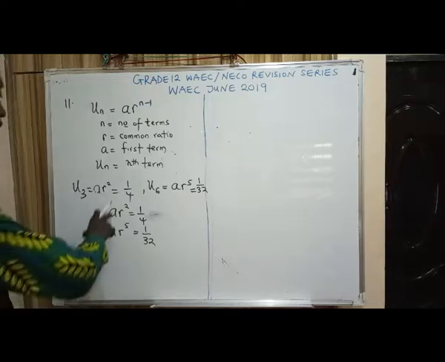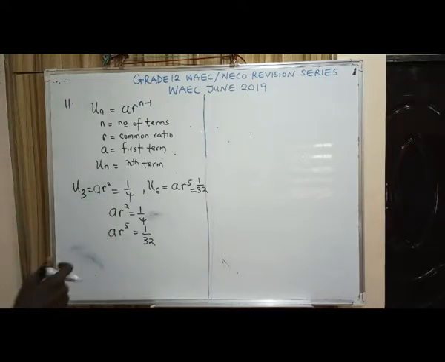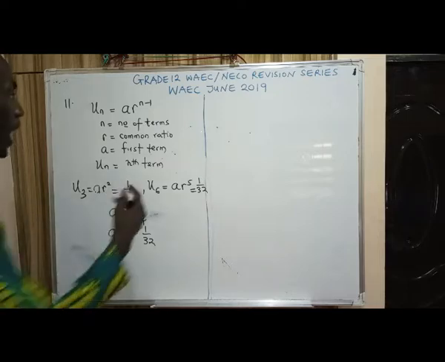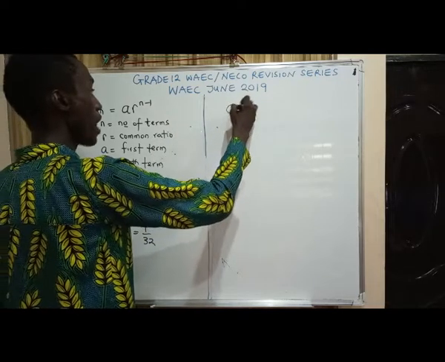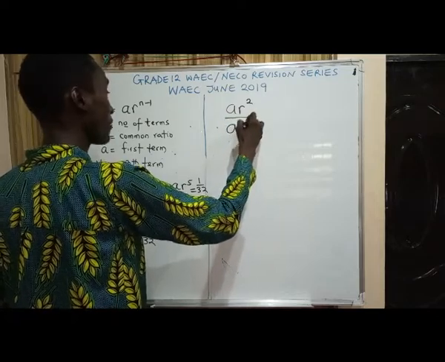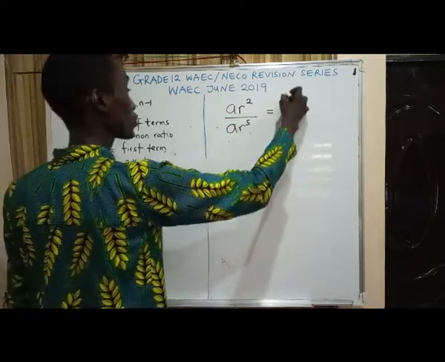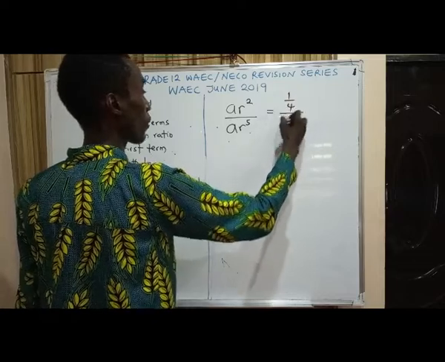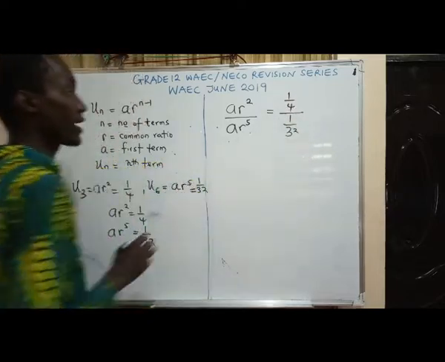Now, to eliminate A, we would have to treat them as though they were fractions or ratios, hence the concept of geometric progression. So I'm going to write AR raised to the power of 2 divided by AR raised to the power of 5 for the left hand side, being equal to 1 over 4 divided by 1 over 32 for the right hand side.